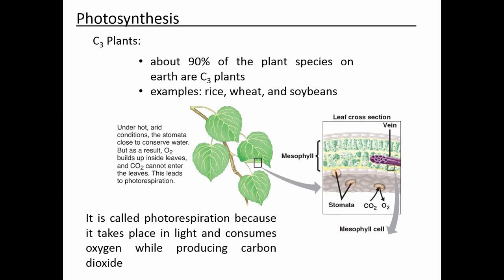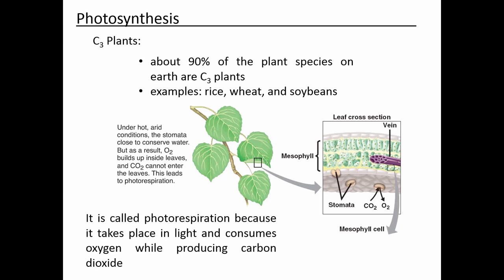Now, I told you that normally this isn't a problem because rubisco has a much higher affinity for carbon dioxide than it does oxygen. For this class, you can just think of it as rubisco likes carbon dioxide better than oxygen. But when you start to raise the oxygen levels and lower the carbon dioxide levels, that's going to favor this happening instead of this.